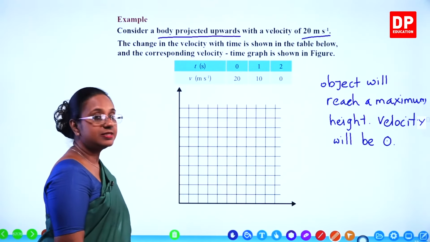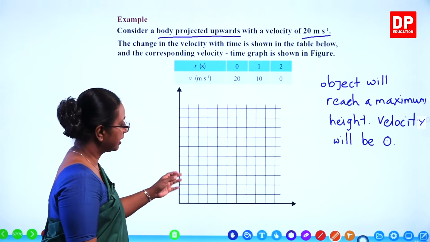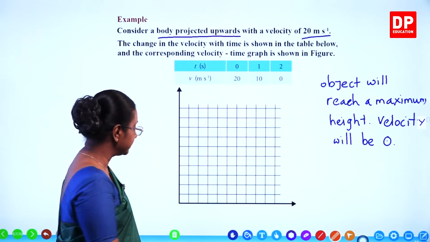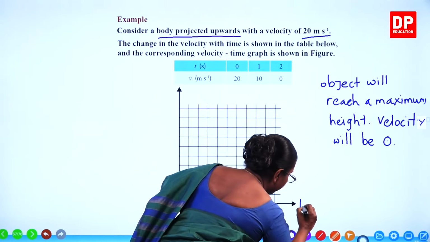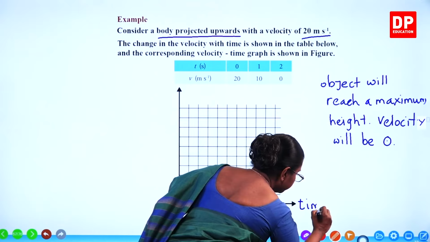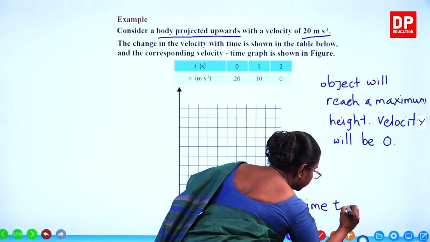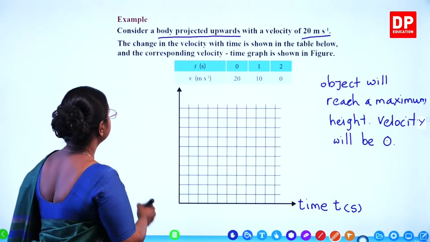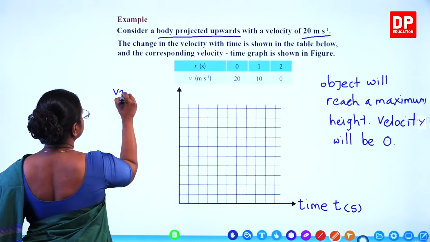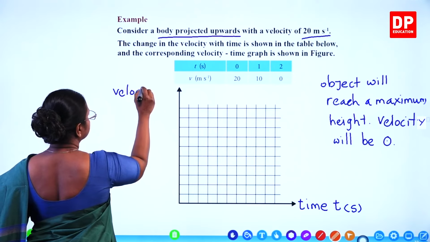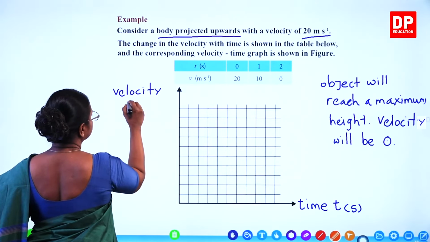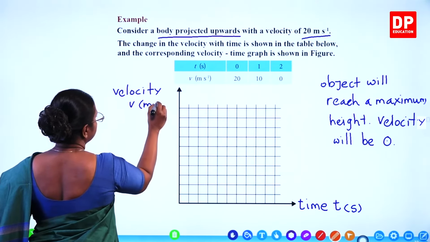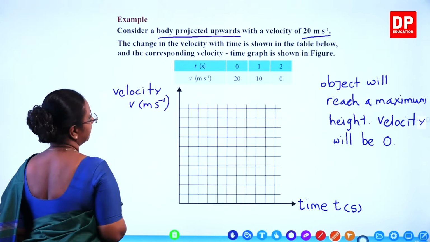If we plot this data in a graph, again we have to label the axis. The x-axis will be time, and the y-axis is velocity, V meters per second.